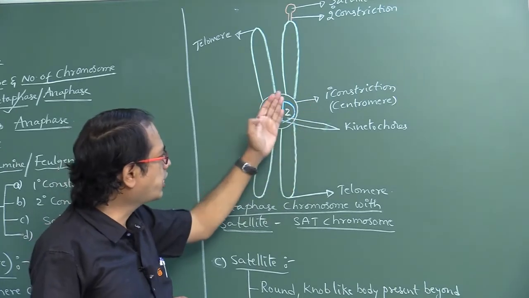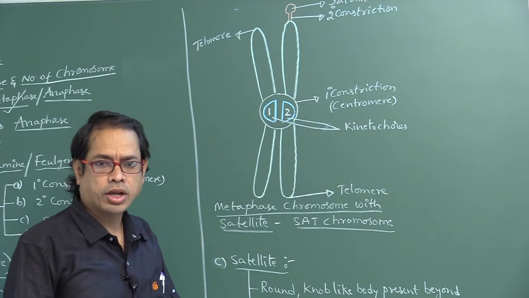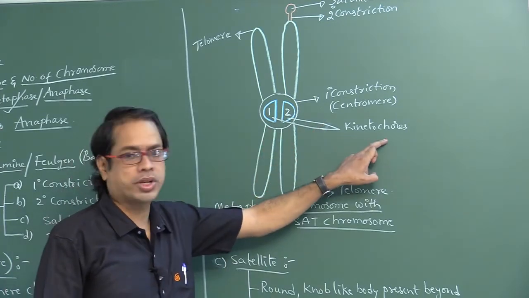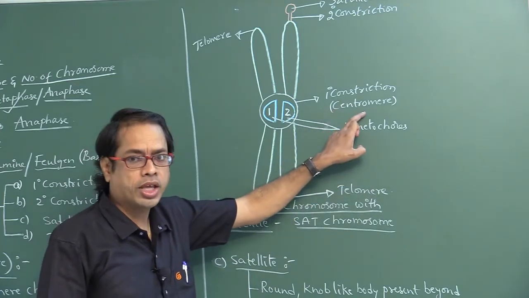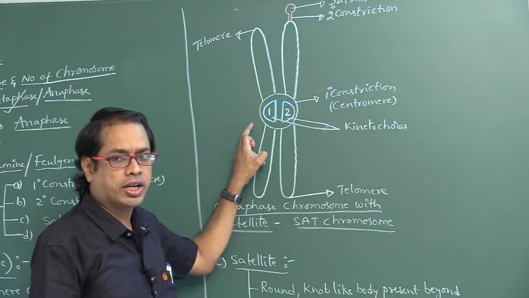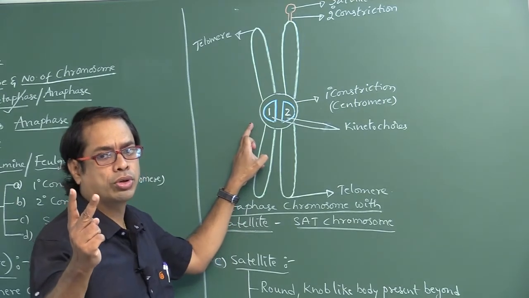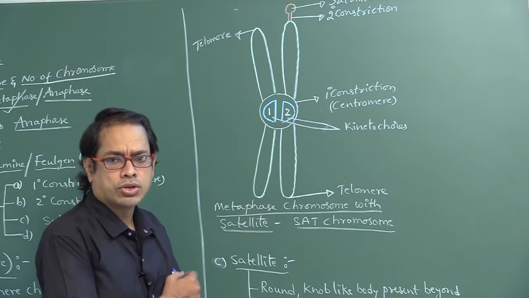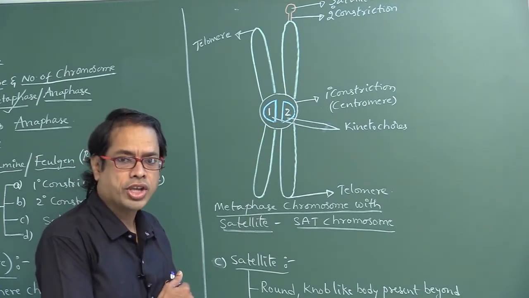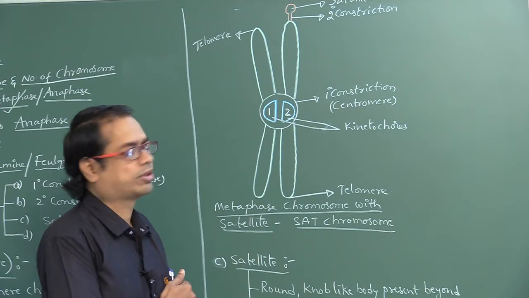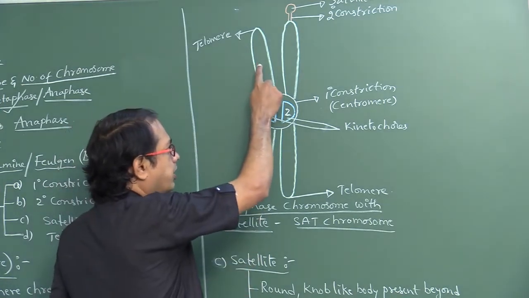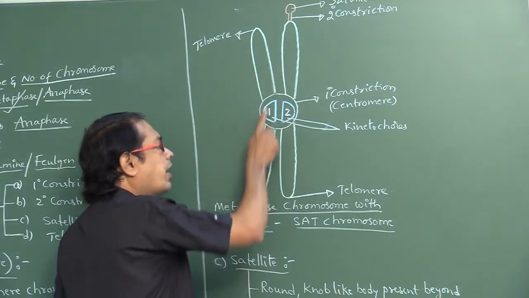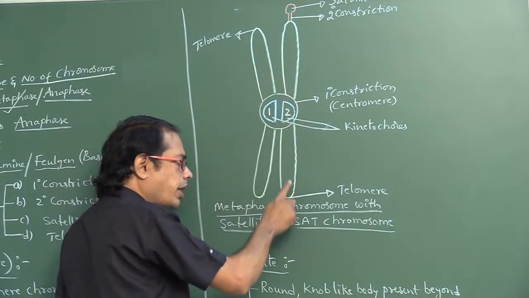Next, inside the centromere, how many kinetochores are present? 2 kinetochores. This is one, this is another. These kinetochores are which shape? Disc-like structures. This and this together are called one chromatid. This is the second chromatid.